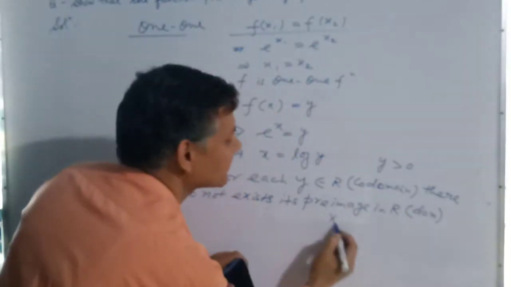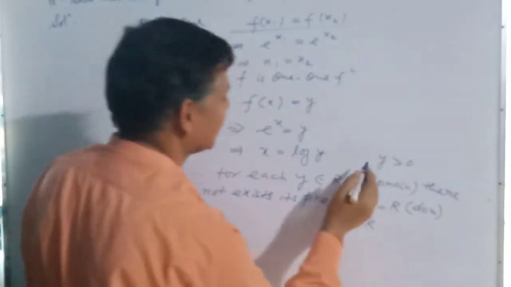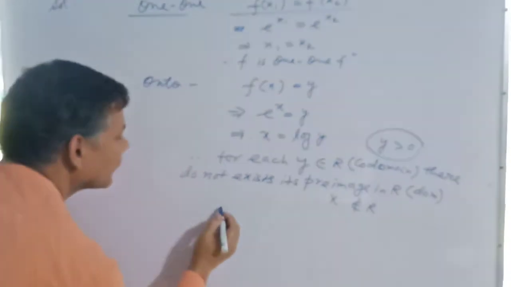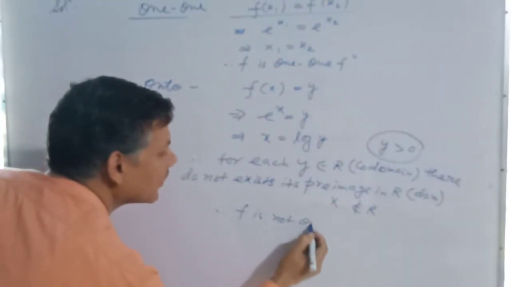It means x is not an element of R when y is negative. It is the restriction. So therefore f is not onto, it is an into function.